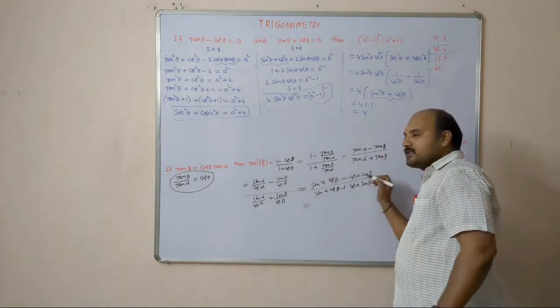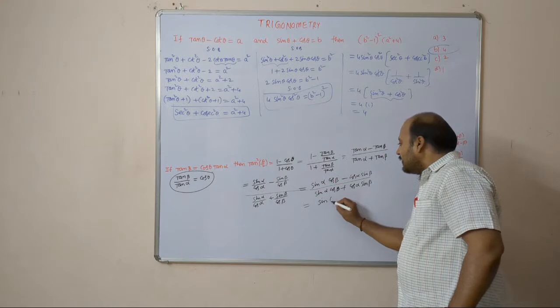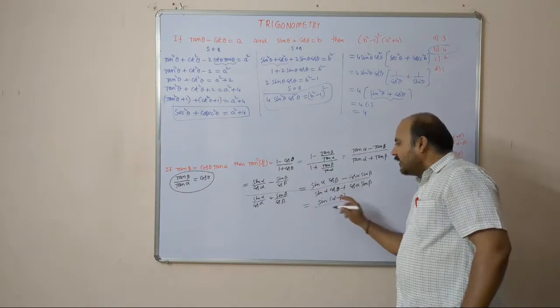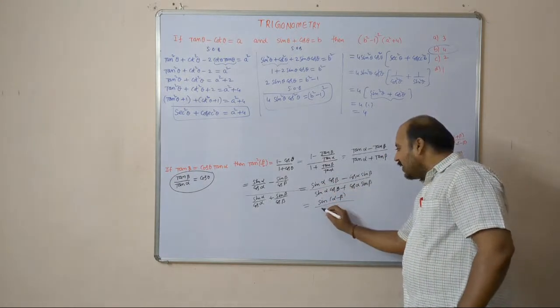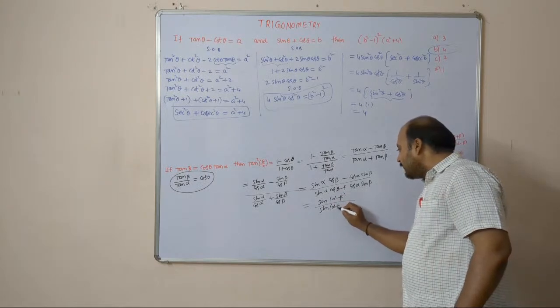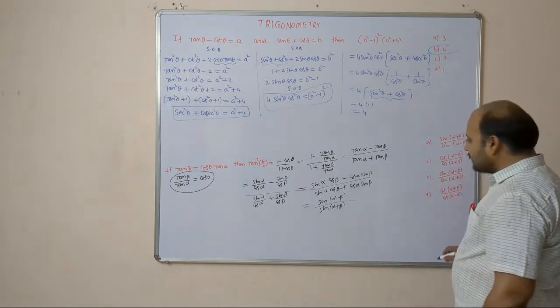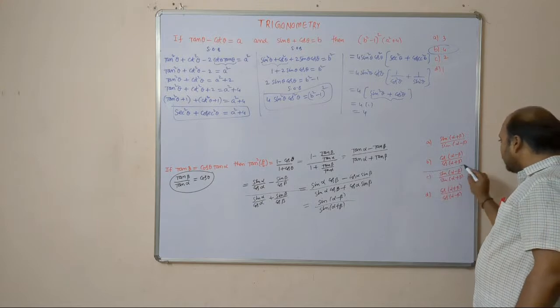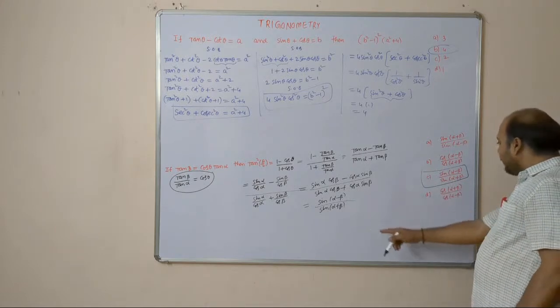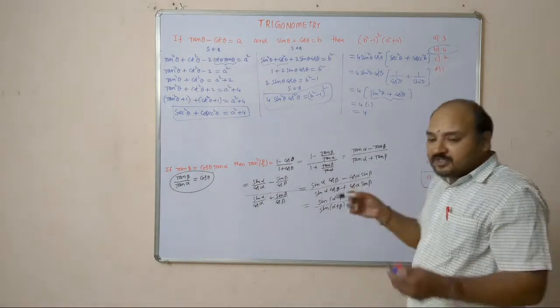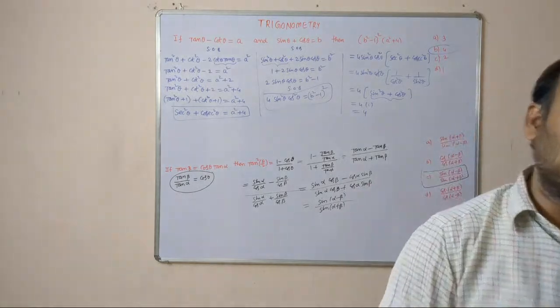Sin A cos B minus cos A sin B is sin of (alpha minus beta), and sin A cos B plus cos A sin B is sin of (alpha plus beta). Sin of (alpha minus beta) is in the numerator, sin of (alpha plus beta) is in the denominator. So option C is the right option, dear students.